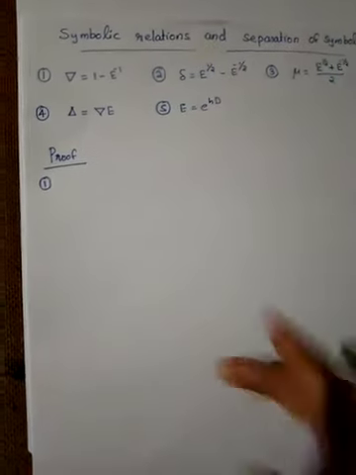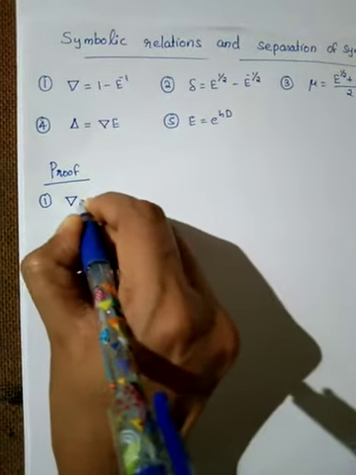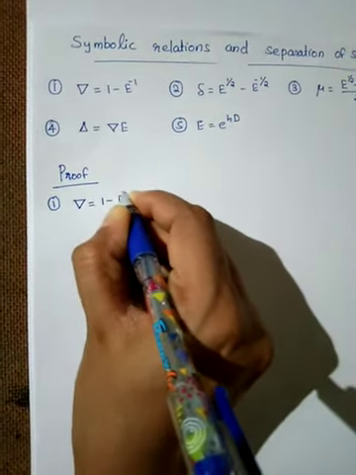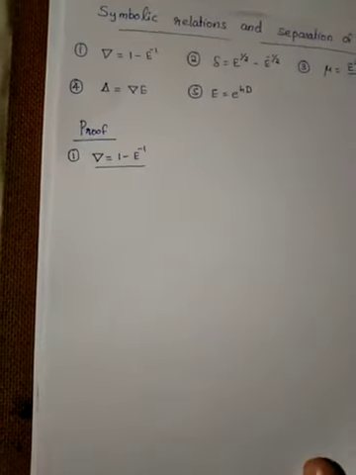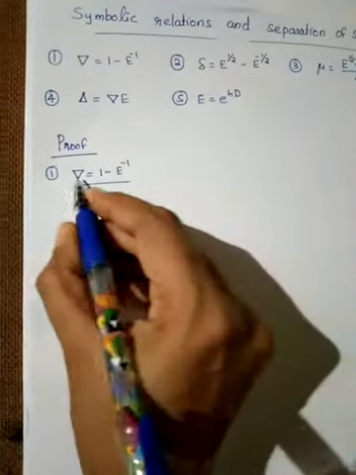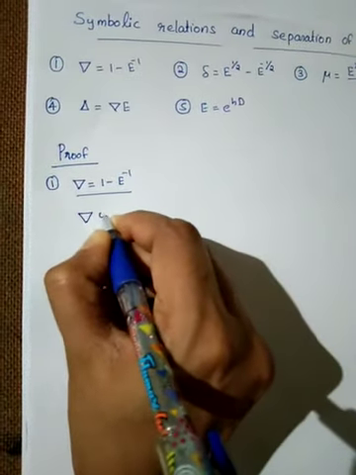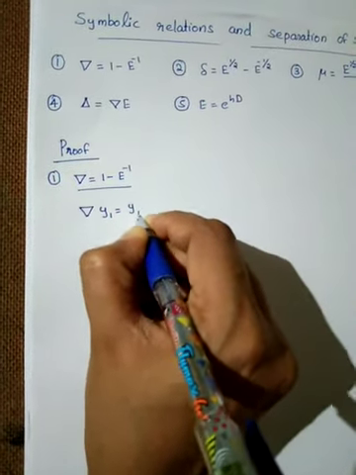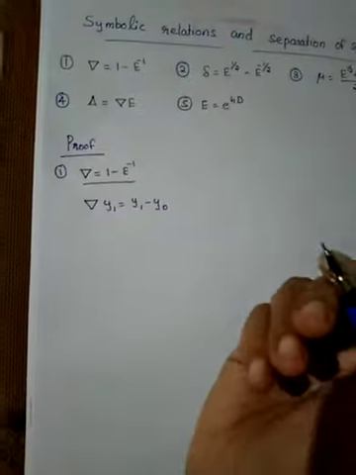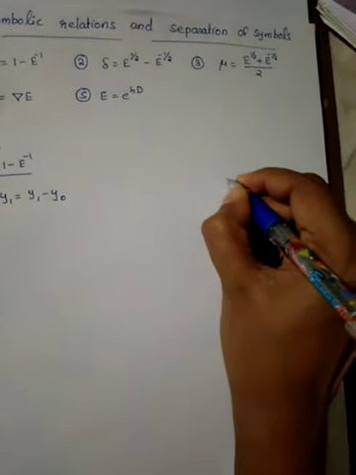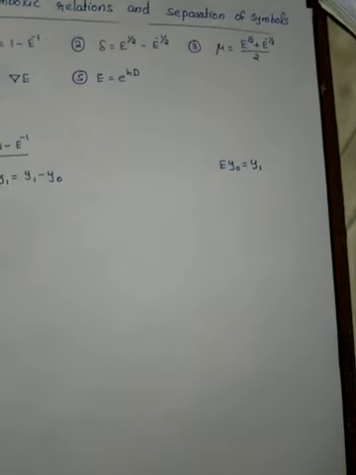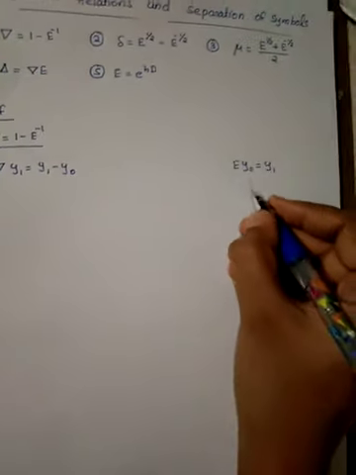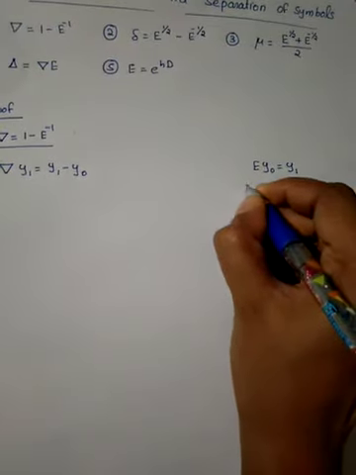First one, to prove ∇ equal to 1 minus E inverse. We know that ∇y1 equal to y1 minus y0. We have Ey0 equal to y1. Multiply each term by E inverse.